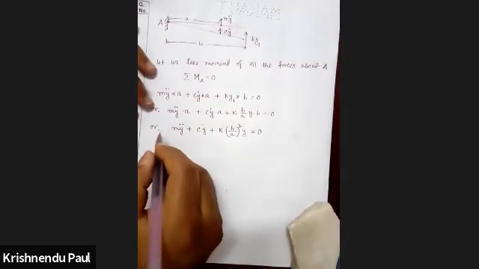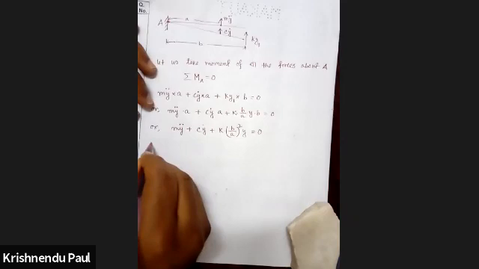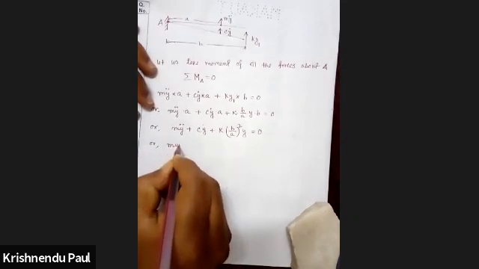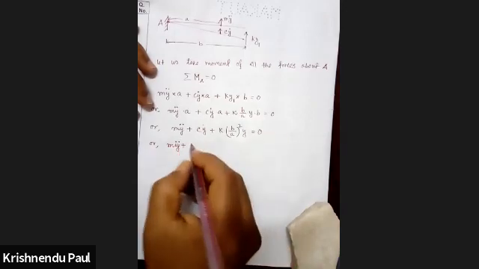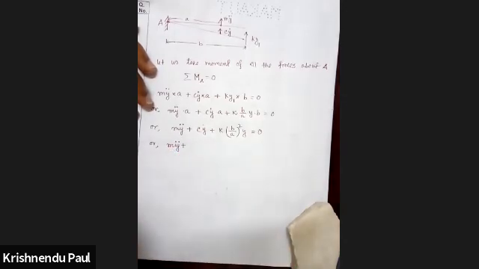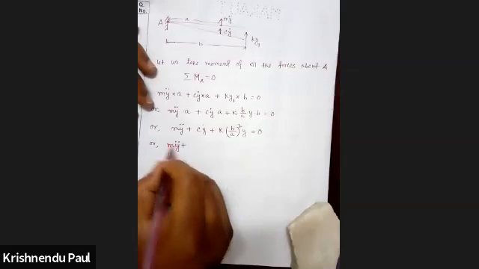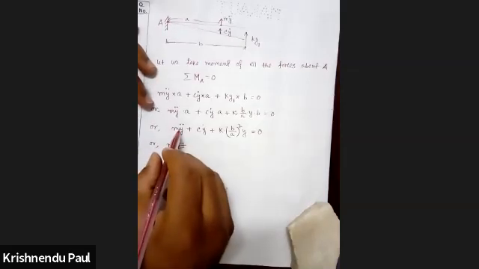Then m y double dot, okay, plus, let us now divide by m.